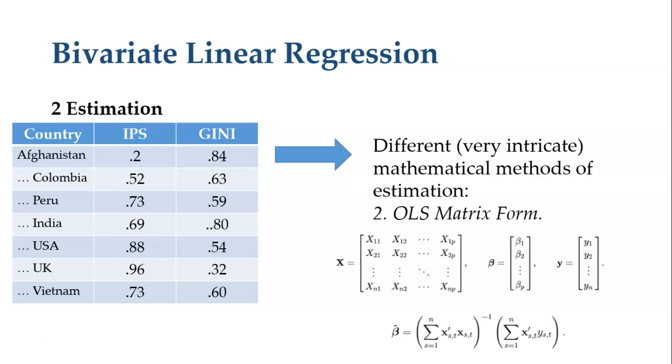Okay. There's another way to do it that is with the matrix form of OLS, and again, it's not simple at all, and it's not necessary that you learn this because R can do it for you, Stata can do it for you, and any statistical package can do it for you, but it's good that you know or have some idea of how this is conducted.